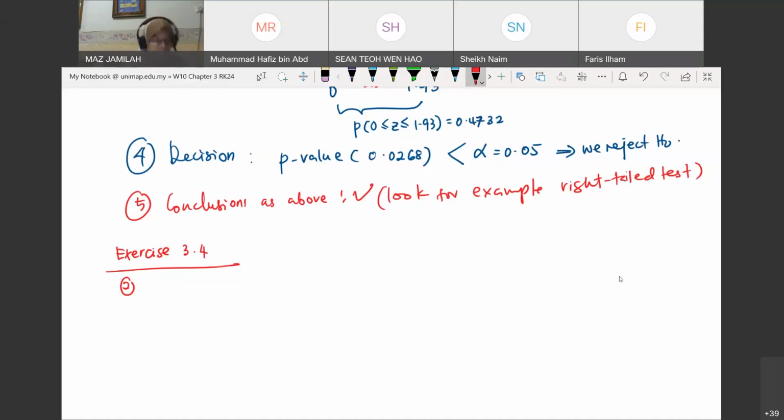Now, let us take out the information first before we can identify what will be our claim. So n is equal to 30, and from this sample you get x bar equal to 11.6, and the standard deviation of your sample is 3.3 seconds. You need to use alpha 0.05.